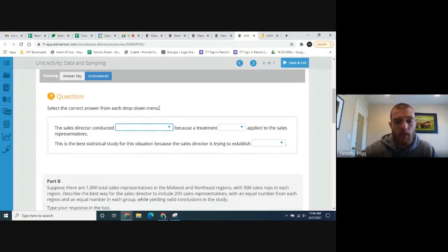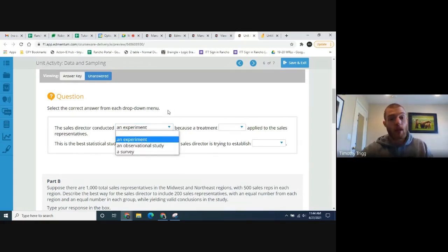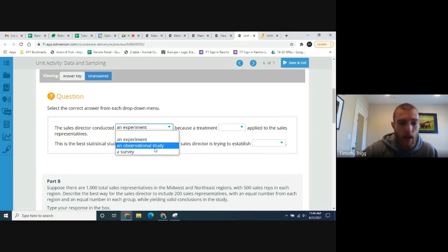So whenever you're splitting into groups like that, that's what we call an experiment, okay? There's the experimental group, the ones that receive the training, and the control group, the group that doesn't, right? He's not just observing data, and he's not conducting a survey. He's splitting people into groups. So that's an experiment, okay?